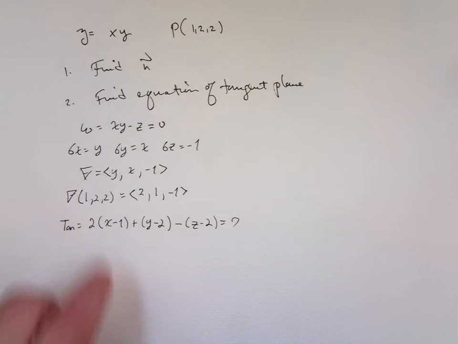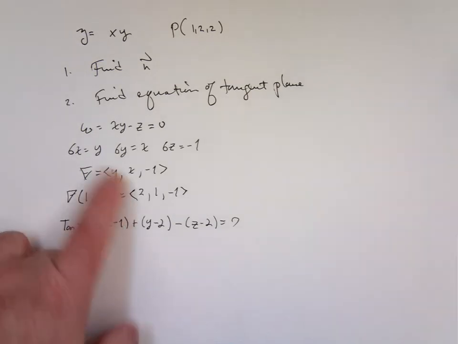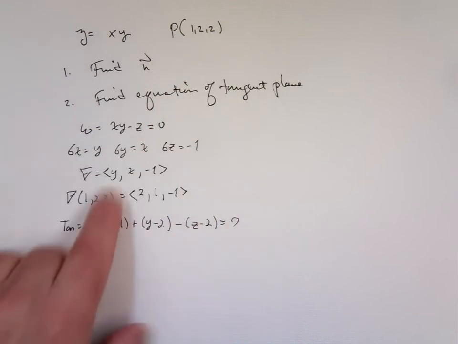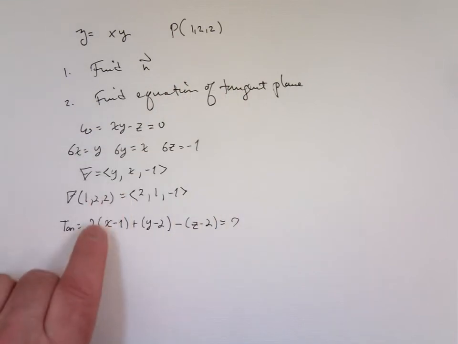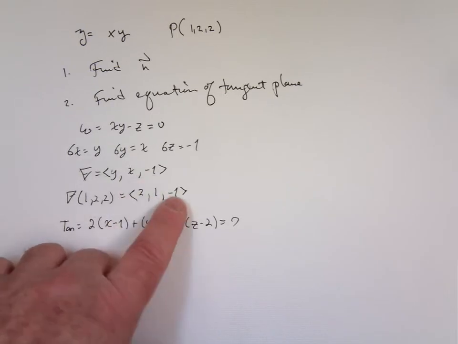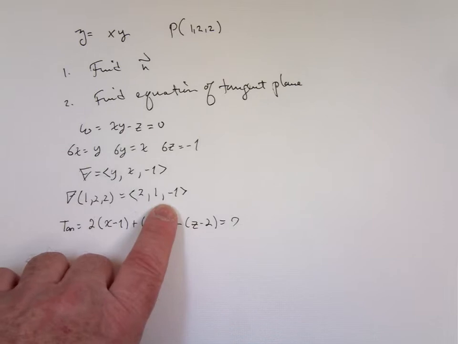That's the y, the x, and the -1 at the point (1, 2, 2). Y is 2, the x is 1, this is -1. That is our normal vector to the surface at this point.